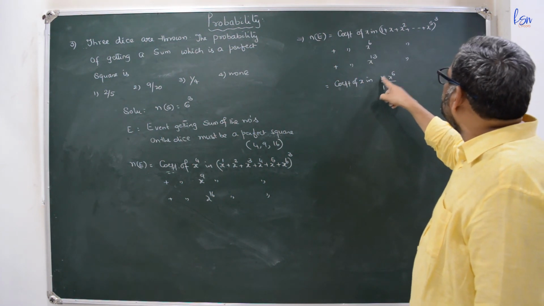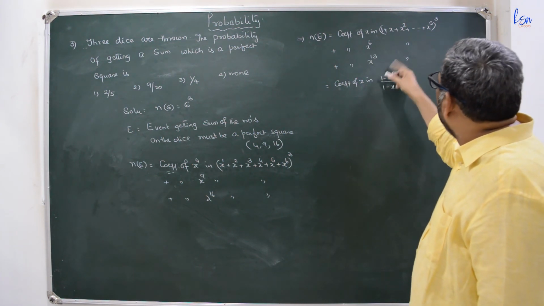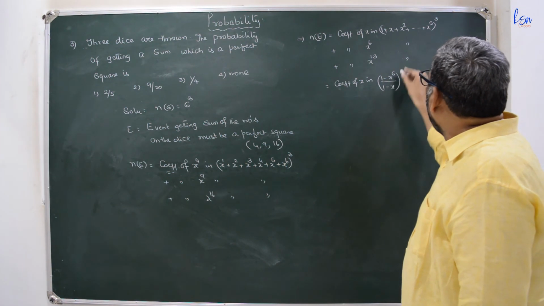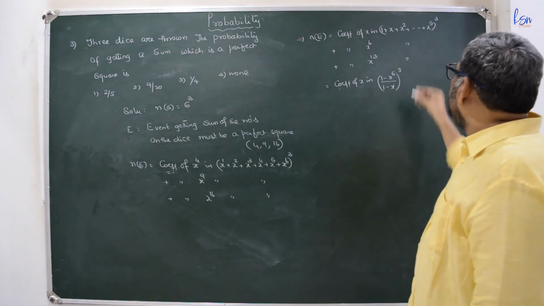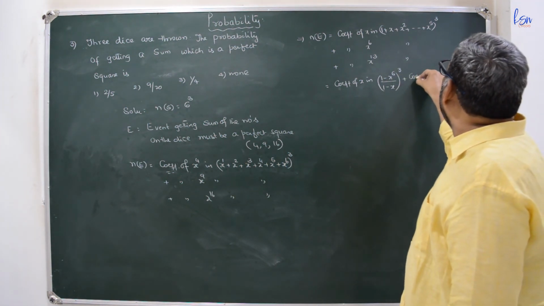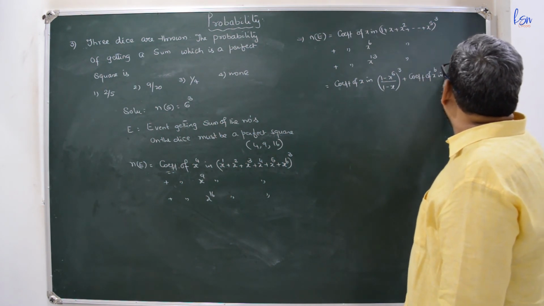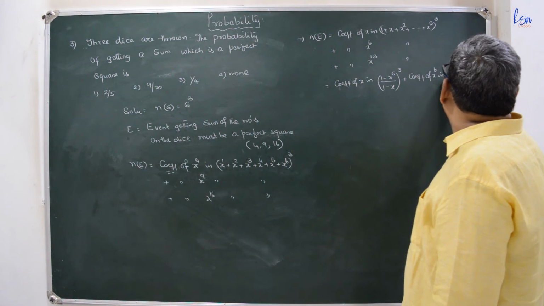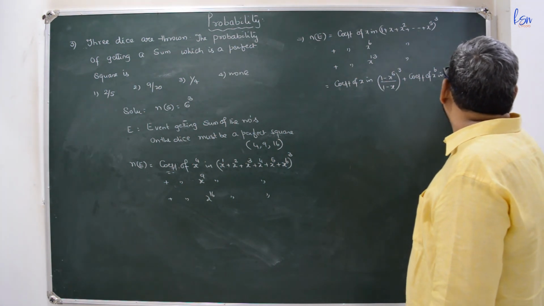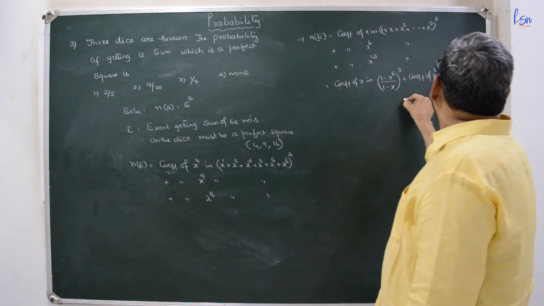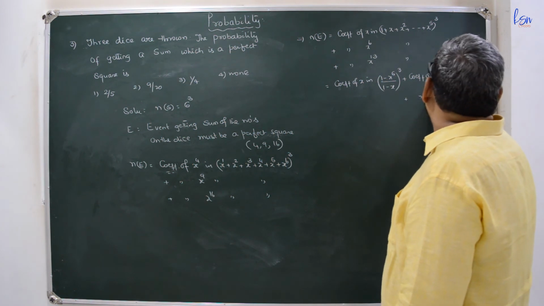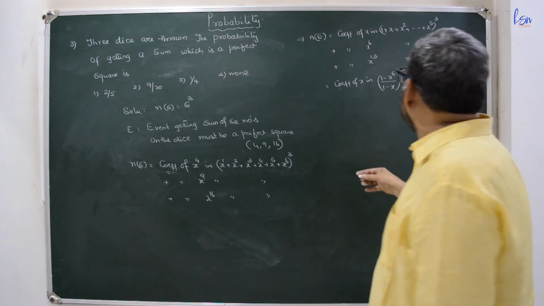So a into (1 - r^n) by (1 - r), whole cube, plus the coefficient of x^6 in (1 - x^6) by (1 - x) whole cube, plus the coefficient of x^13 in the same expansion.